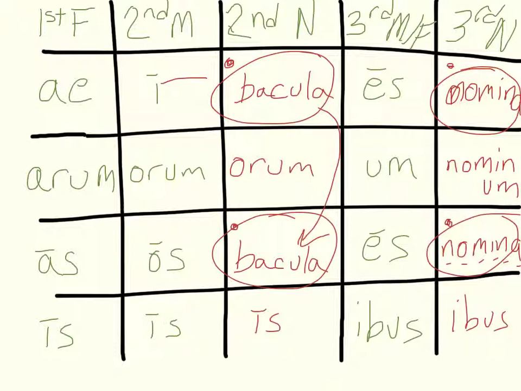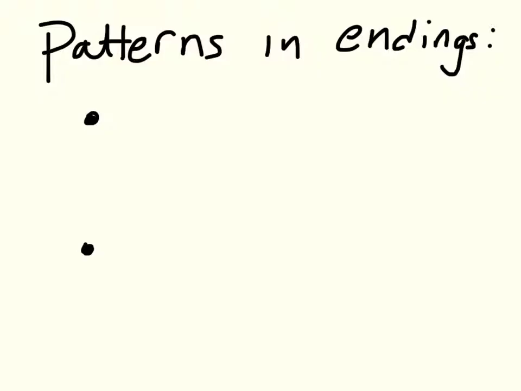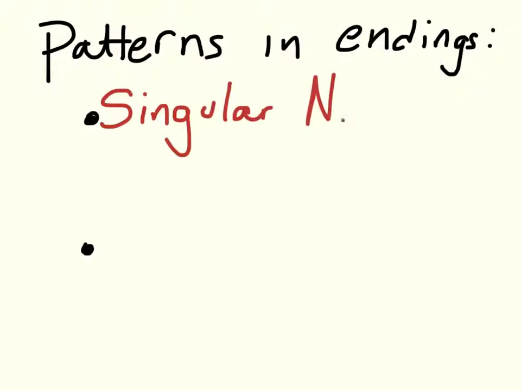So, we can draw some conclusions. I'll let you take a quick second to copy that chart down. And we can draw some patterns that are happening here. So our first pattern is that in the singular neuter, and I'll abbreviate neuter with an N just like that.